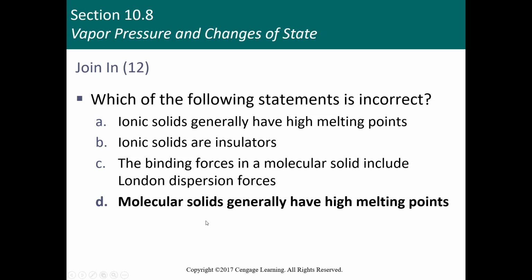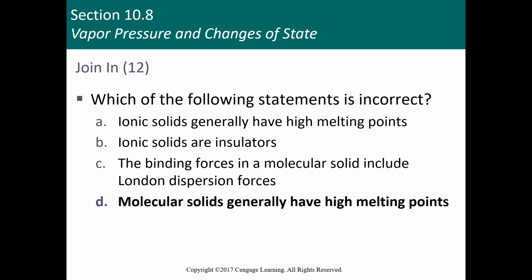D, molecular solids generally have high melting points. That makes sense, actually. Molecular solids are something that you typically would boil. Ice melts before room temperature. That's a molecular solid. The best way of always approaching these sorts of questions is to think about examples in your life.